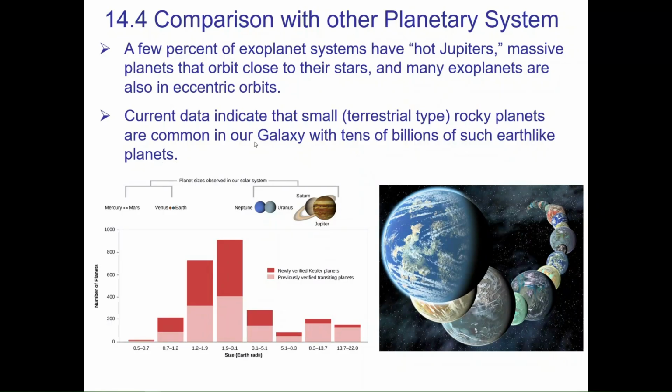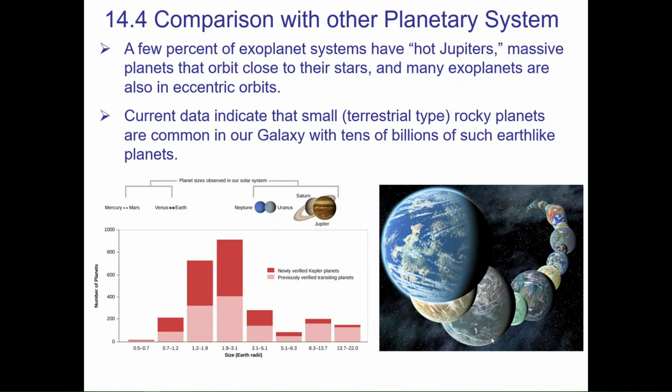Maybe on one of them, there is intelligent life like human beings. So that is one of the reasons exoplanet exploration is one of the hottest fields in astronomy research. You can see in this picture, again, it is not a real image. It is an artist's illustration of the Earth-like exoplanets we have already discovered.